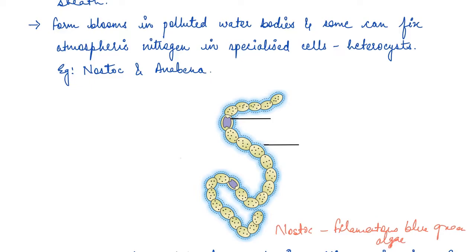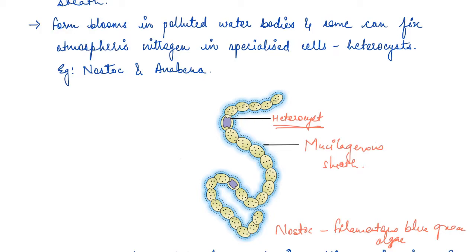The structure that you see is the heterocyst, and they have a mucilaginous sheath around the structure. This heterocyst is responsible for fixing atmospheric nitrogen.